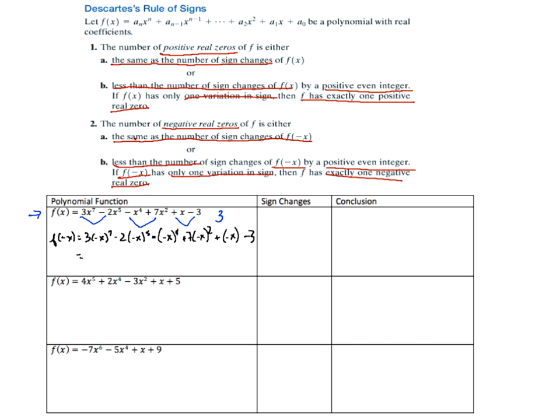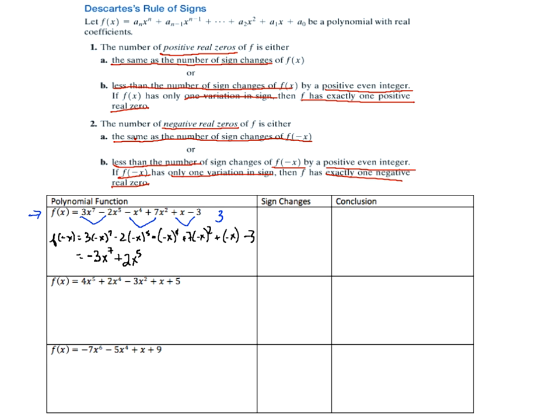So negative x to the 7th multiplied with 3 leaves me with negative 3x to the 7th. Negative x to the 5th is negative x to the 5th multiplied by negative 2 is positive 2x to the 5th.